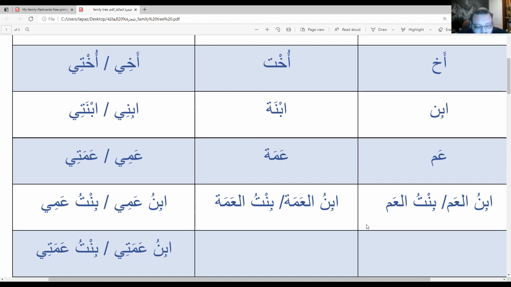And for the female, بنت عمي. Notice that we add a ya to العم and we omit the alif and lam. So it's not ابن العم, it's ابن عمي.